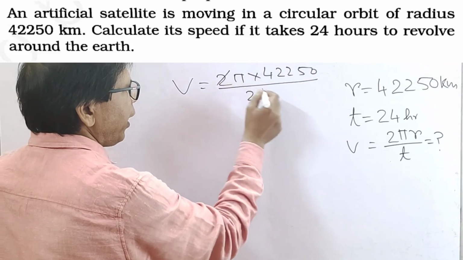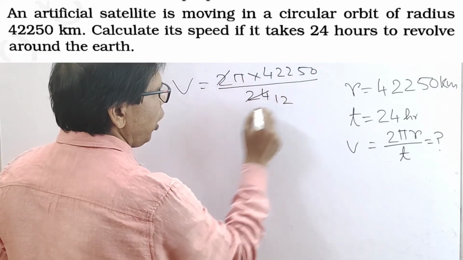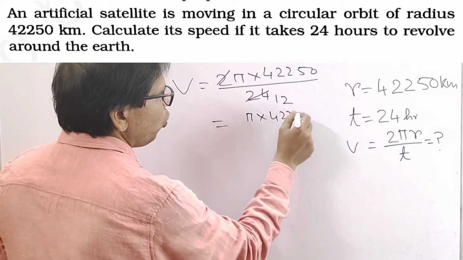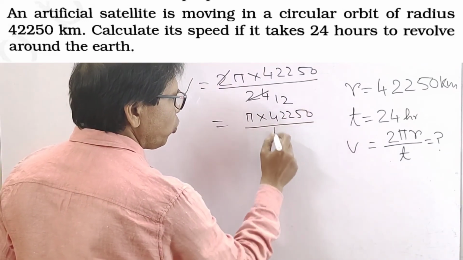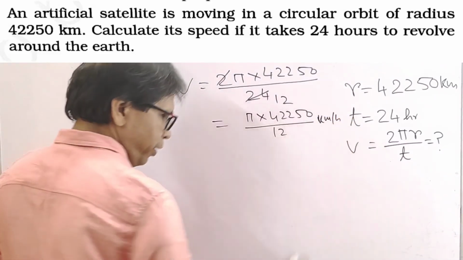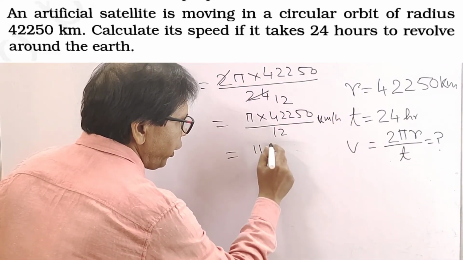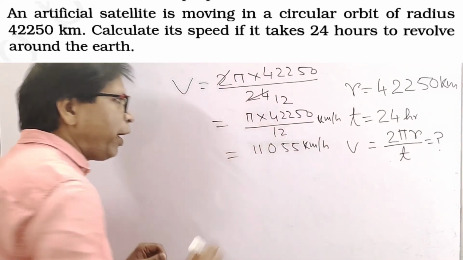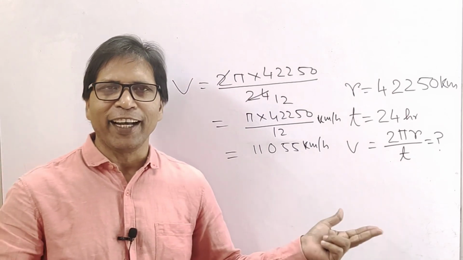Okay, now this and this cancel out, this is 12. So this is pi into 42250 divided by 12 kilometers per hour. Okay, this equals 11,055 kilometers per hour, the orbital velocity of the satellite.